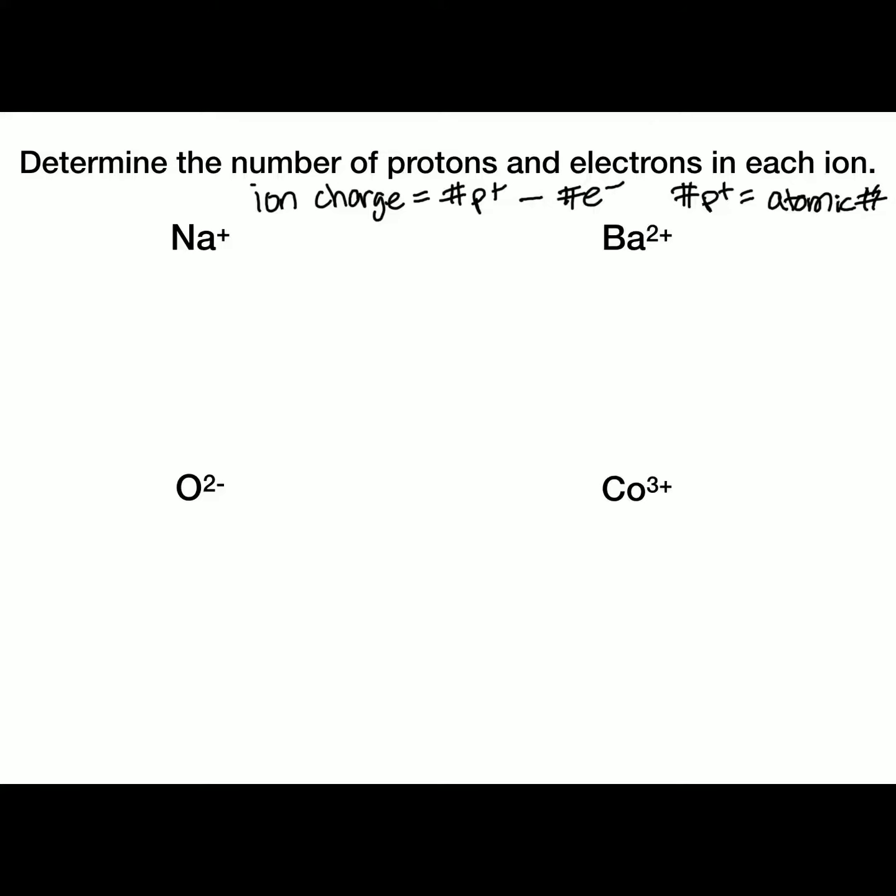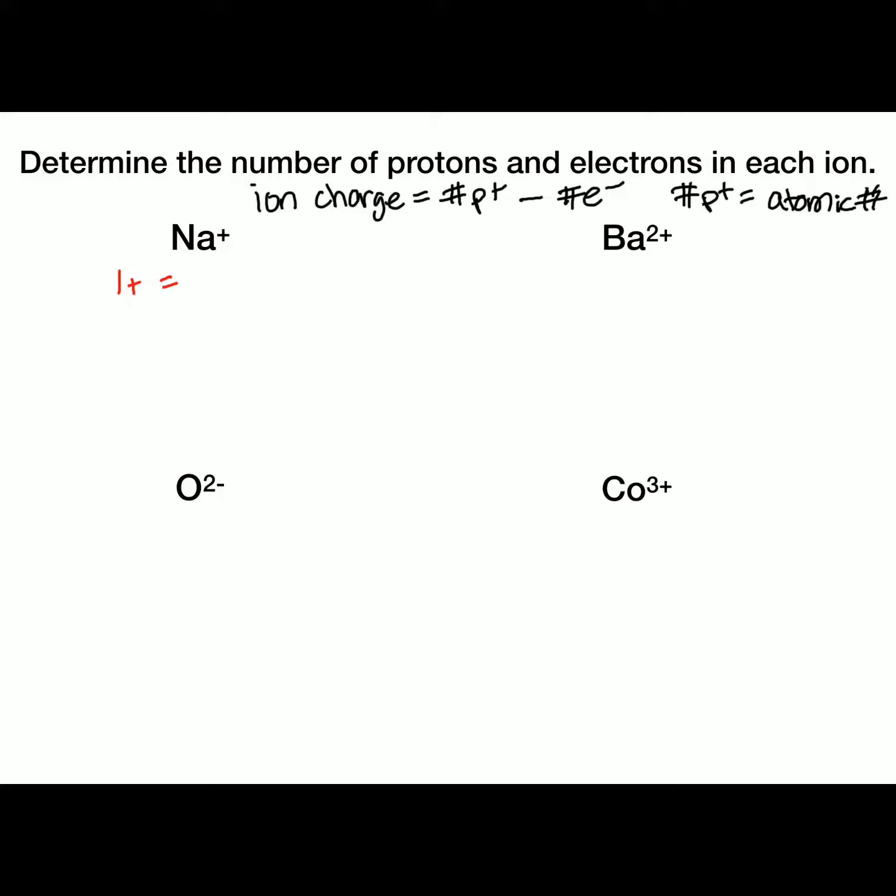So our first example is the sodium ion, which has a +1 charge. So all we need to do is fill in our equation. So we have 1 plus is equal to the number of protons, which is the atomic number, and the atomic number of sodium is 11.